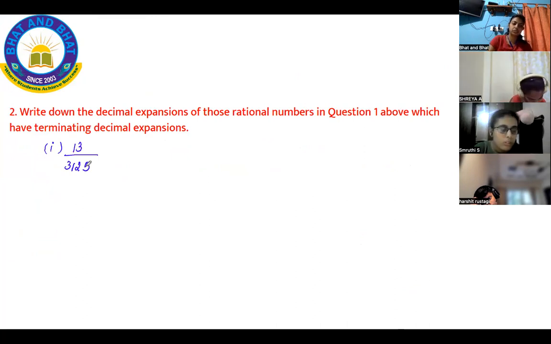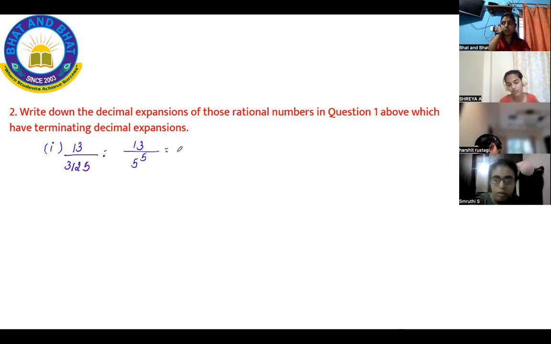Now we have to prove that this is a terminating decimal. So now we know this. This is equal to 13 divided by 5 raised to 5. We know this already. Correct? Now, if you have to write it in the form of 2 raised to n and 5 raised to m, what I will do is, 13 is there. Here in the denominator, we have 5 raised to 5.